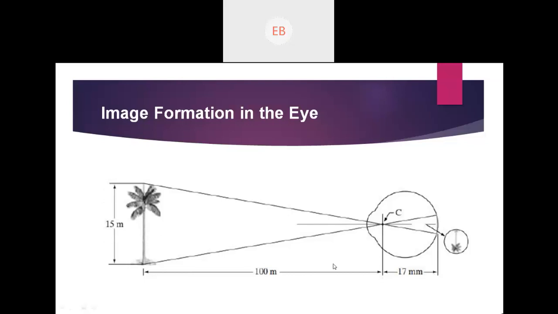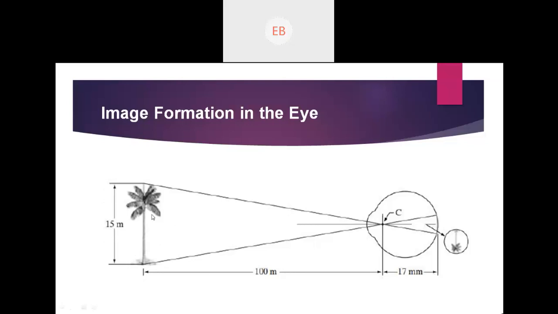And when the object is very near, say about 3 meters, the lens of the eye will exhibit its highest refractive power. So in short, when the eye focuses on a nearer object, the lens is most strongly refractive, and when the object is farthest away, the lens has its lowest refractive power.